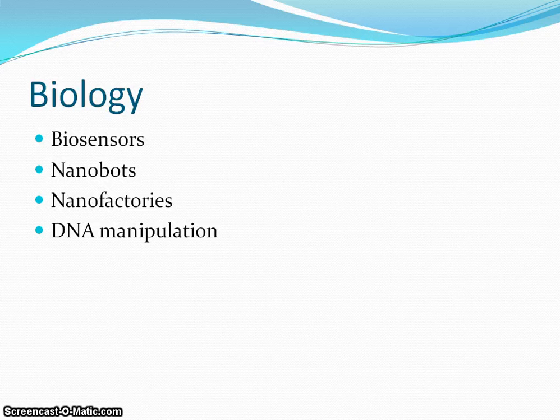Nanobots, which would be close to the same thing, they are used, at least for now, to move DNA, which tells a cell to go into apoptosis. So the cell dies. Almost the same thing as the biosensors, but it's a little different makeup.